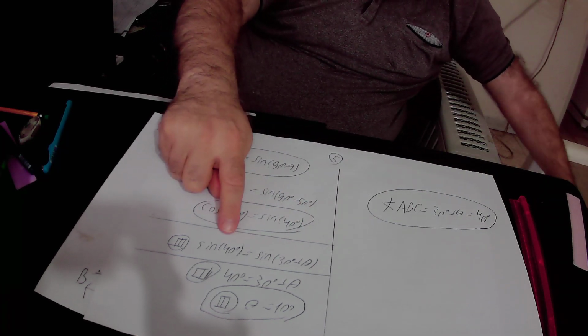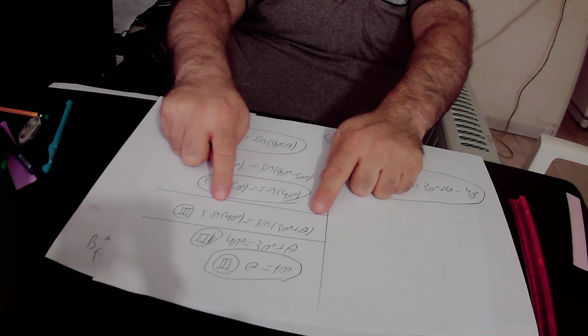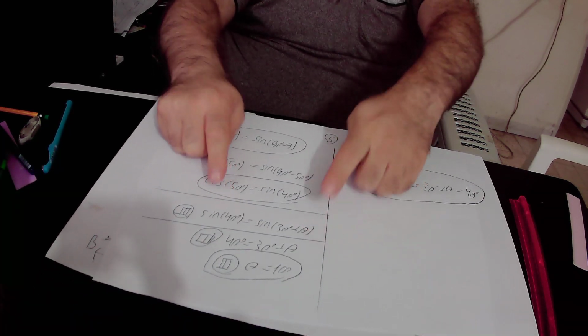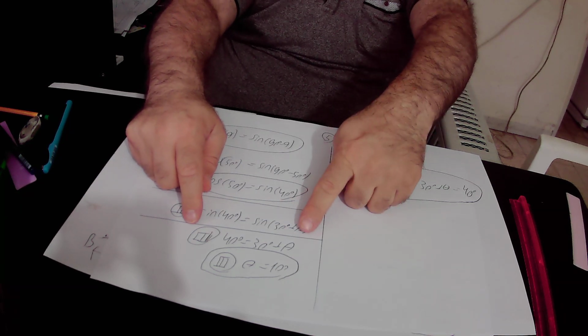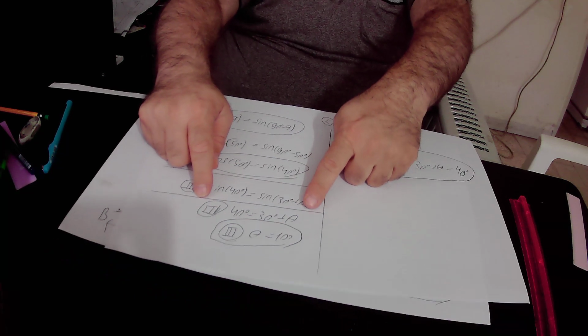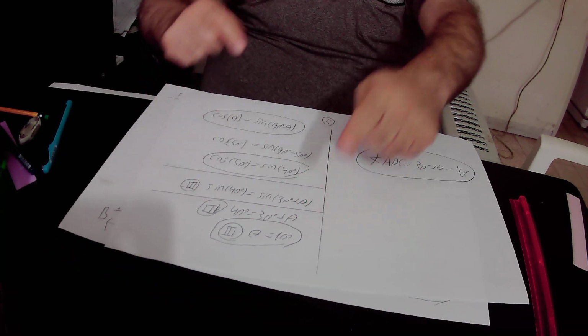So if sine 40 degrees equals sine 30 degrees plus theta, it means that 40 degrees equals 30 degrees plus theta. We subtracted 30 degrees, and we found out that angle theta equals 40 degrees minus 30 degrees, which is 10 degrees.